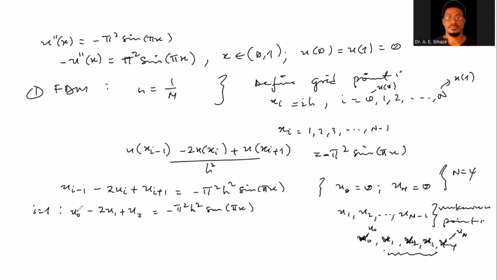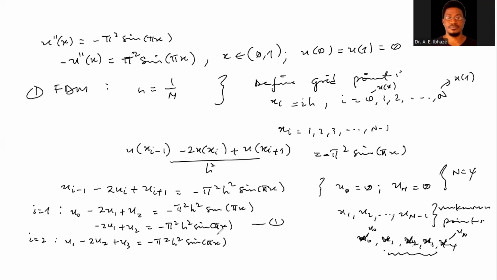And u_0 is the same as 0, so this reduces to negative 2u_1 plus u_2 being the same as negative pi squared h squared sine pi x. Then when i is the same as 2, we have u_1 minus 2u_2 plus u_3 is the same as negative pi squared h squared sine pi x. And this is another equation.